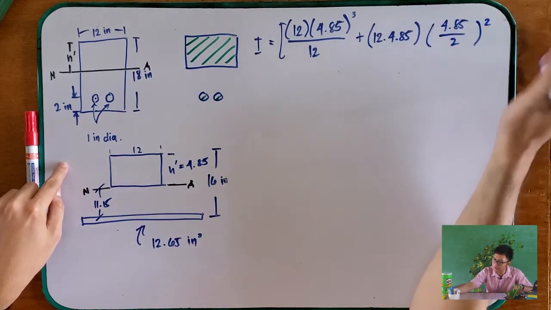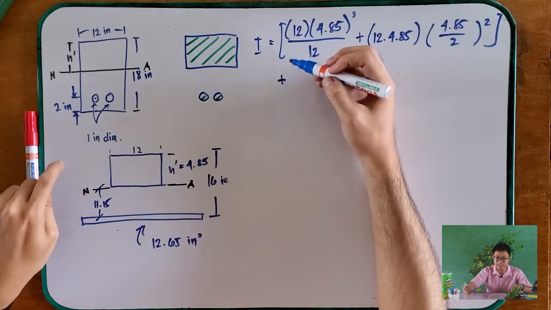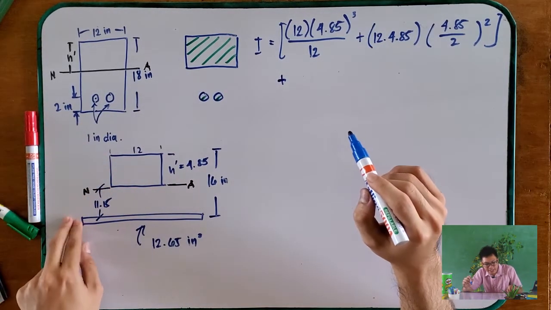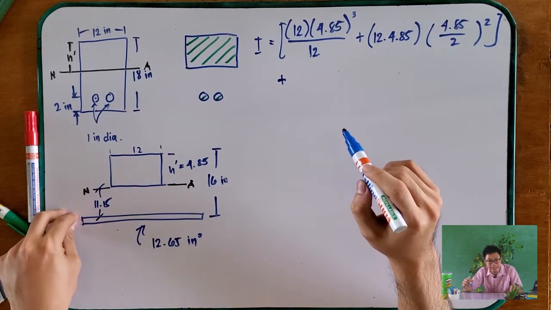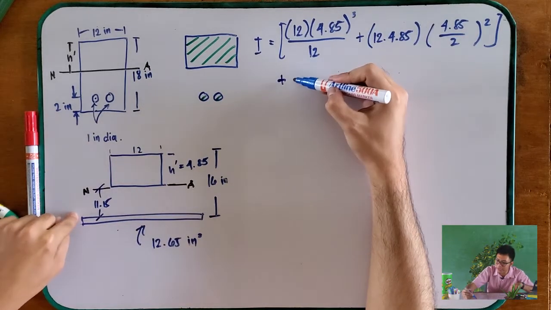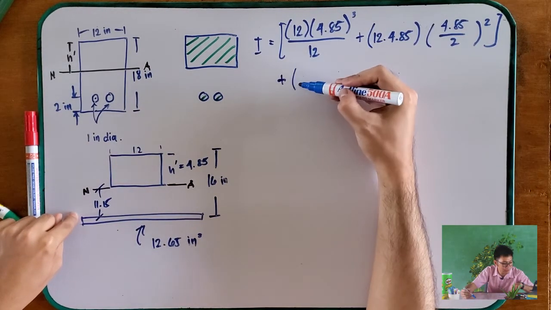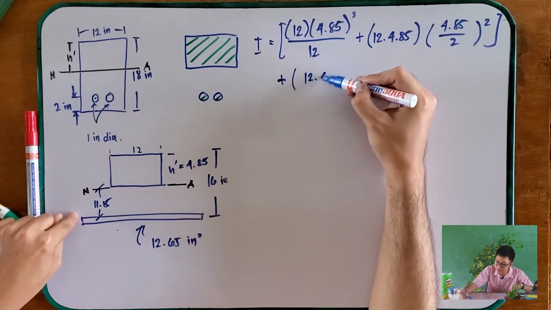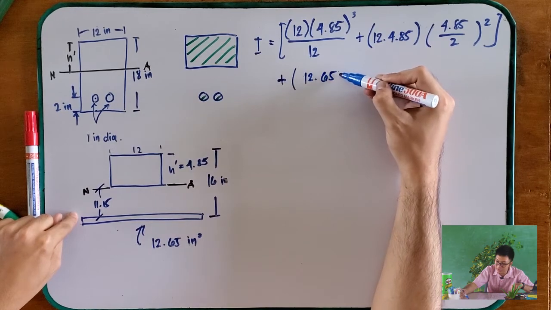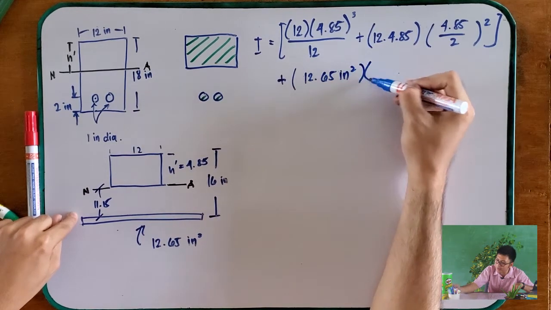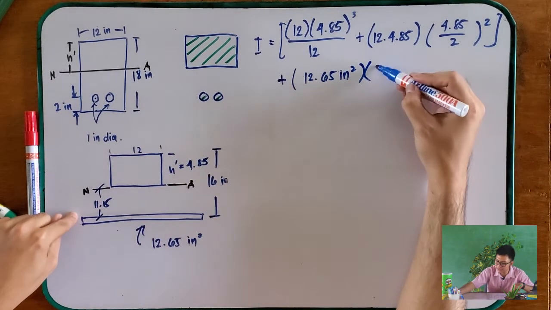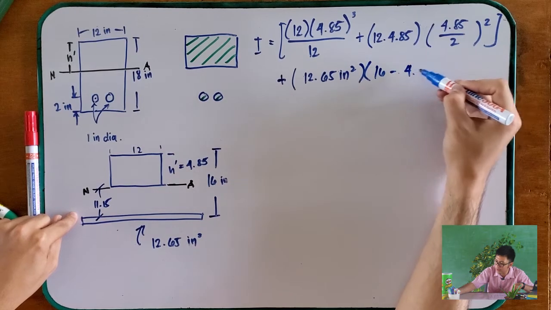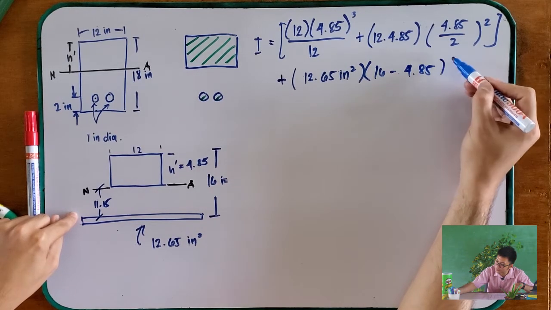And then, for this area here, it is not given based on base and height. So for the bottom we just use its area, which is 12.65 inches squared multiplied by the distance, which is 16 minus 4.85, squared.